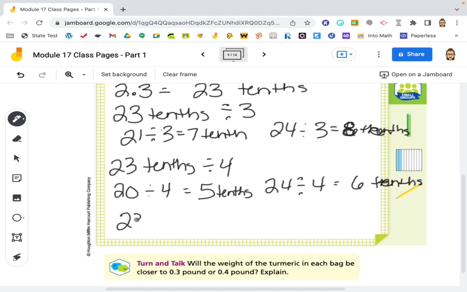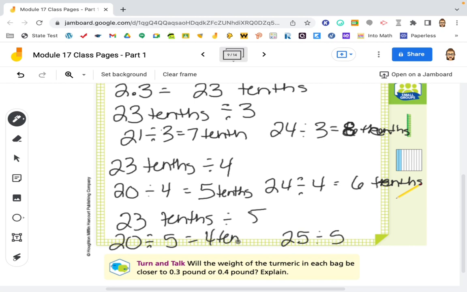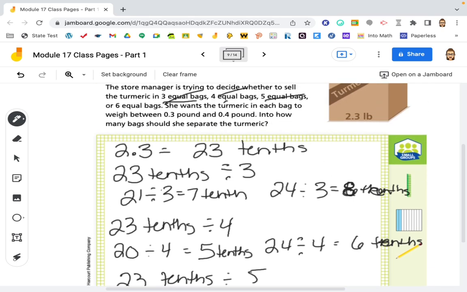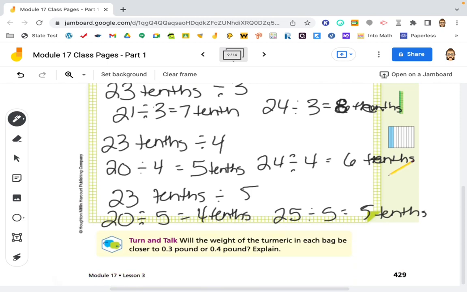Okay, then we're going to have 23/10 divided by 5. So here we would have 20 divided by 5 and 25 divided by 5. So we'd have 4/10, and we would have 5/10. It's getting closer, but that still does not work. So we're going to try the 6.